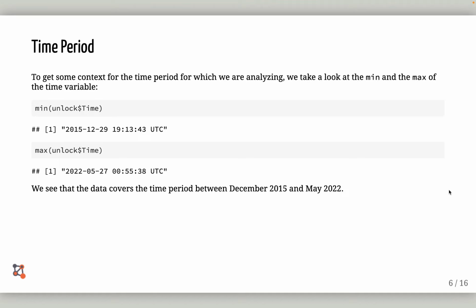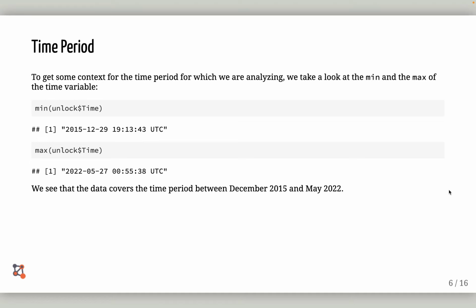Okay, so an initial thing you might want to do, and we always like to begin any analysis this way, is look at the range of time that the data covers, because remember, we scraped this at a specific point in time, and it turns out we did that on May 27th.